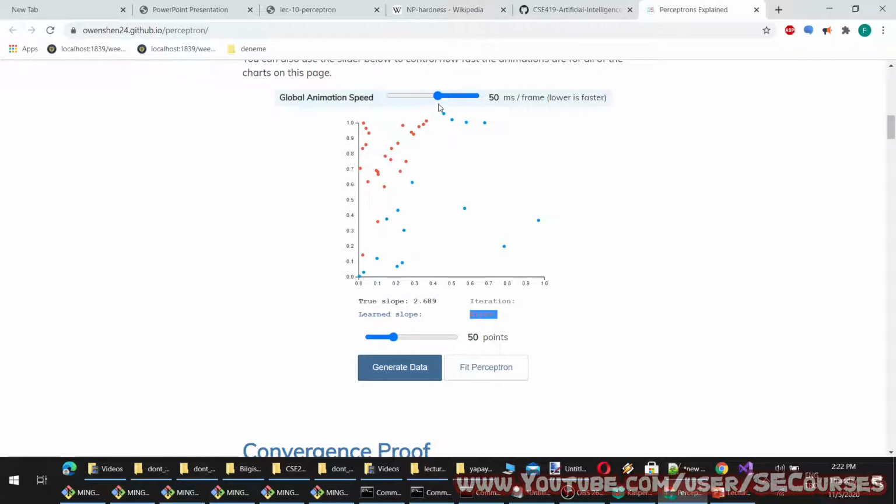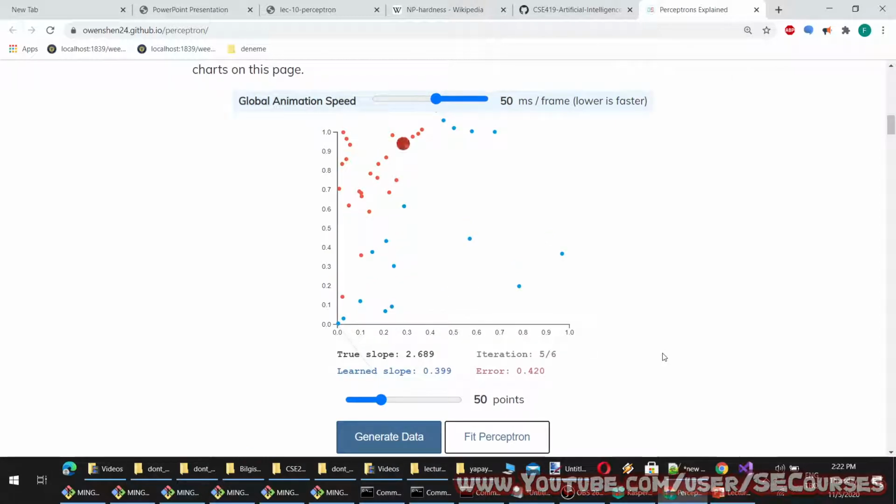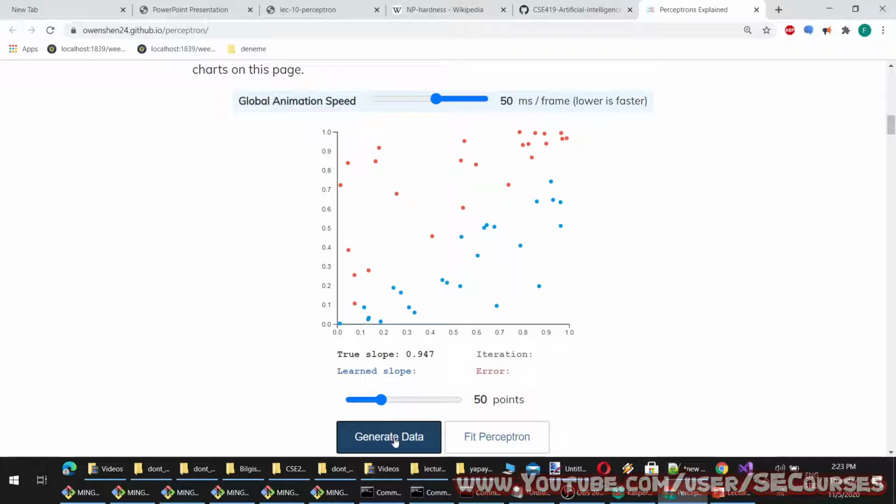Let's start. This is the global animation speed. Okay, so you see the line is changing with the iterations, and with just 6 iterations, it has found weights that separate the data correctly. Let's generate another data. Let's generate a harder one, perhaps.